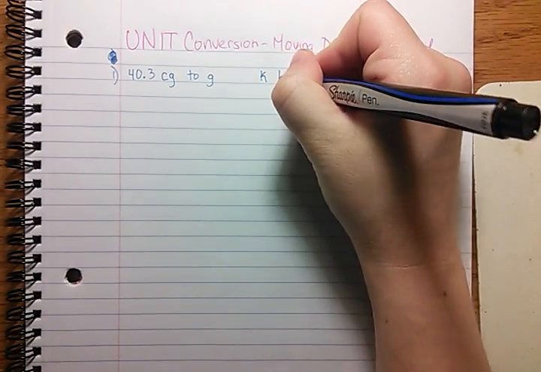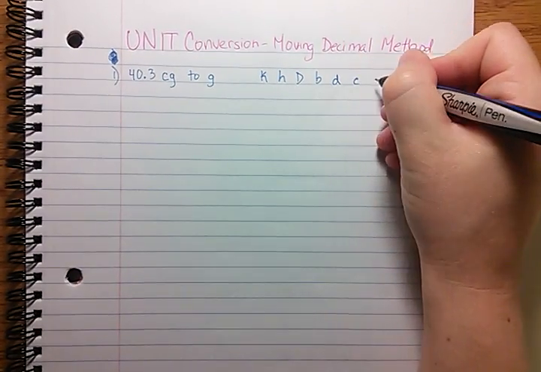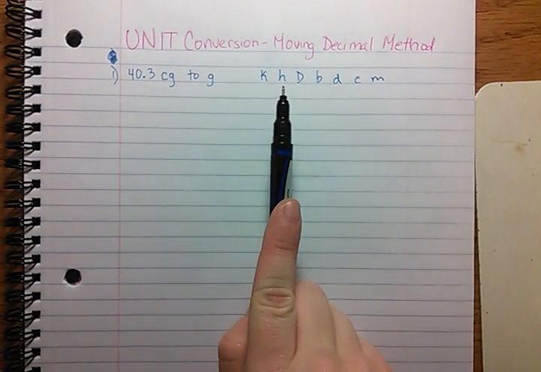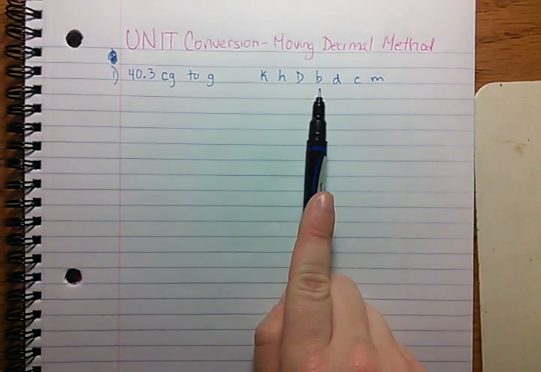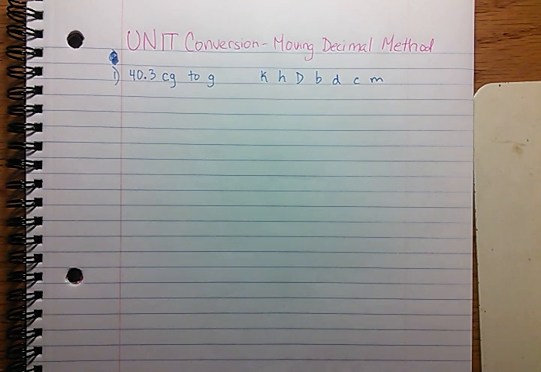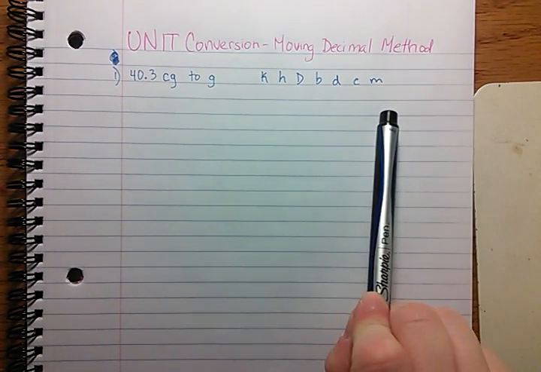King Henry died by drinking chocolate milk. So that's kilo, hecto, deca, base unit, deci, centi, milli. So in this one, which letter are we starting at?